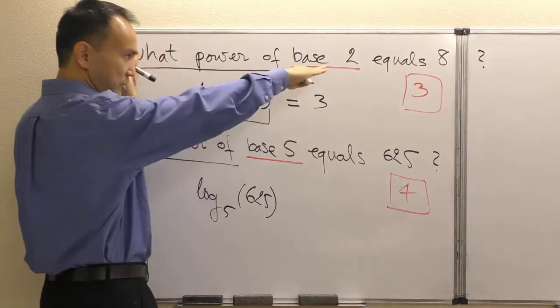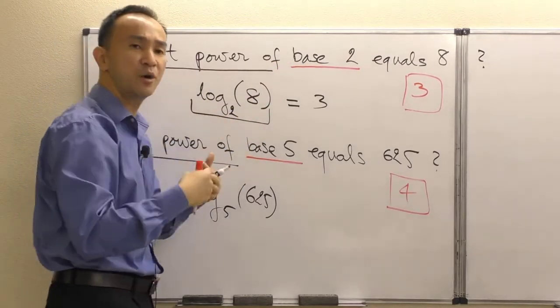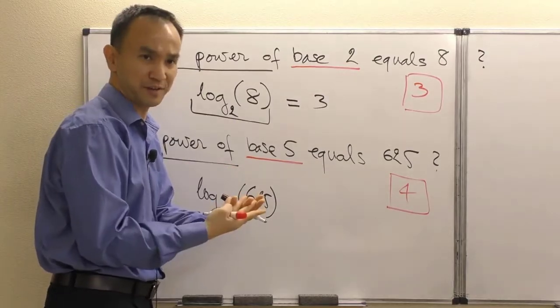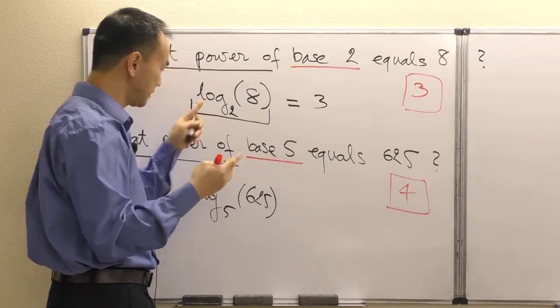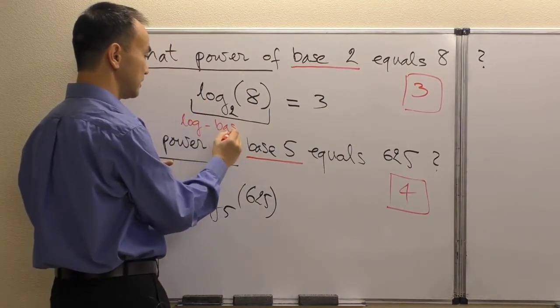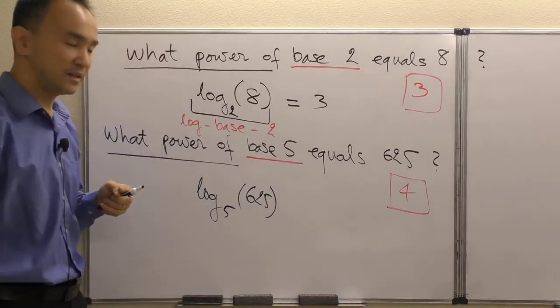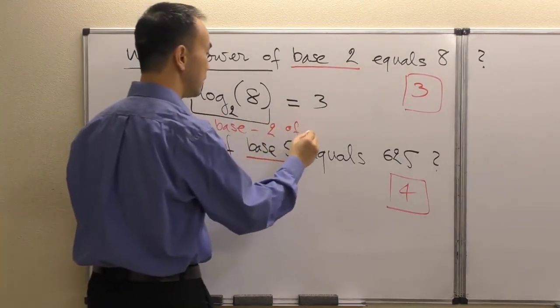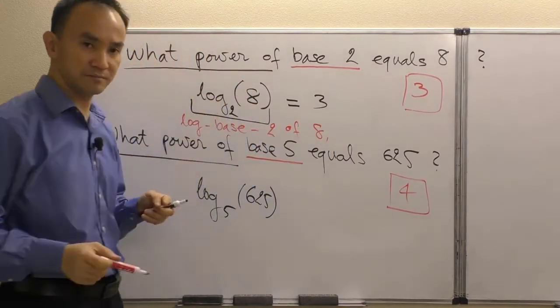This is the meaning of the question. But now allow me to introduce how we can pronounce it, how we can say this symbol out loud. This symbol reads "log base 2," and more specifically, "log base 2 of 8."